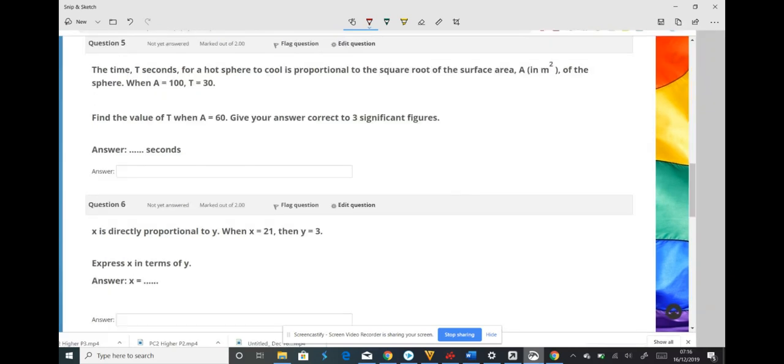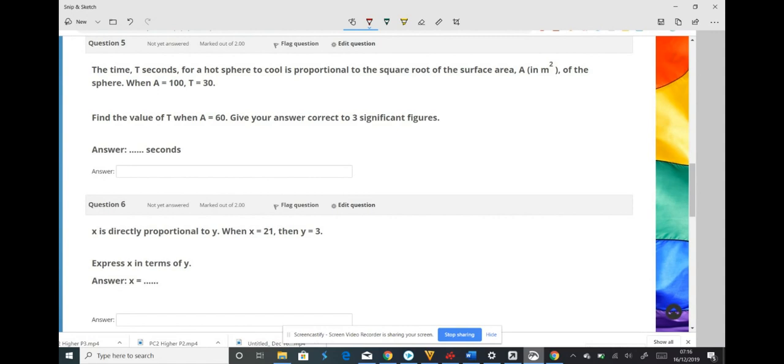In question number 5, we've got the time t seconds for a hot sphere to cool is proportional to the square root of the surface area A given in squared meters of the sphere. When A is equal to 100, t is equal to 30.